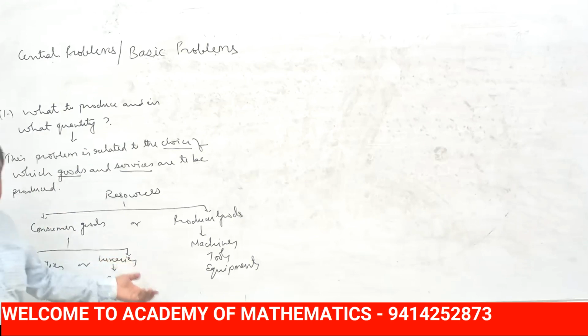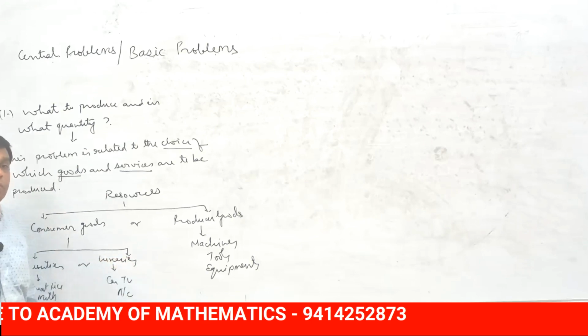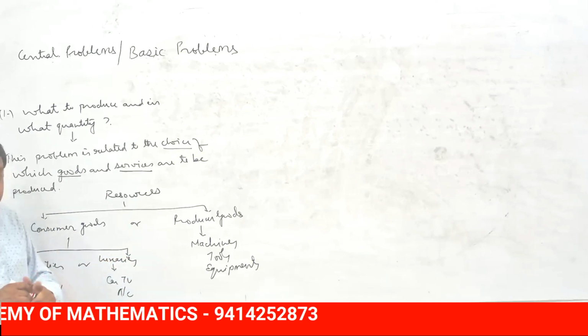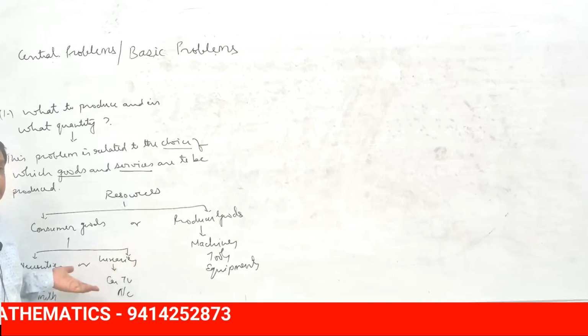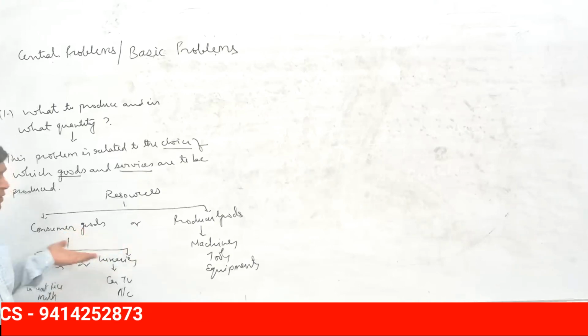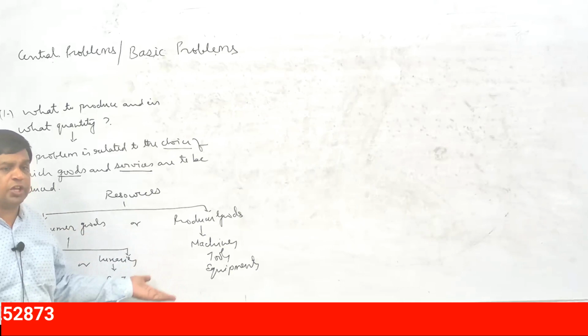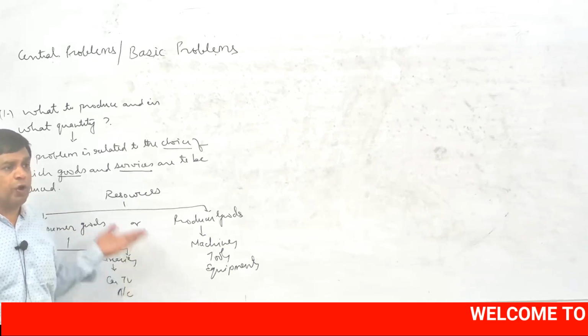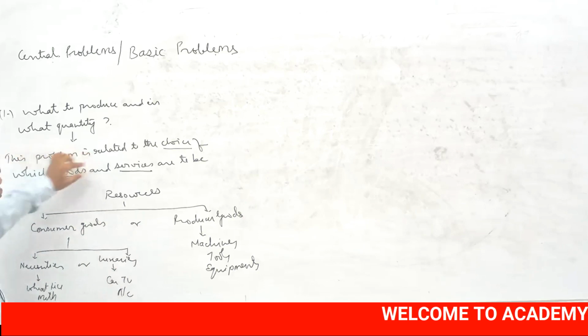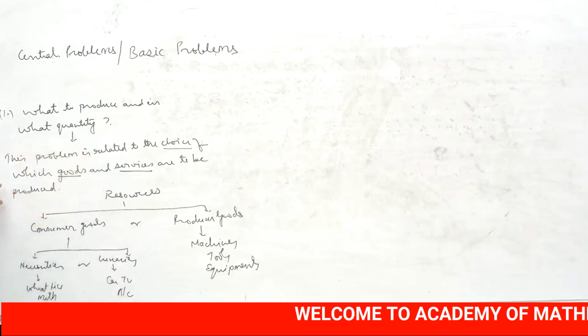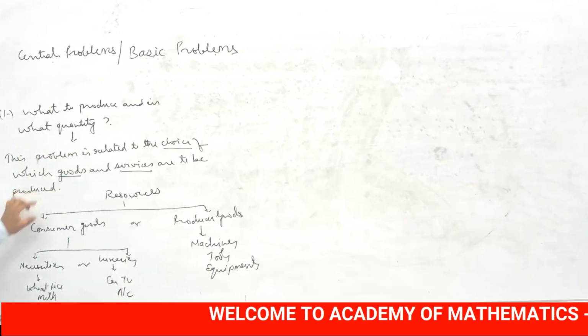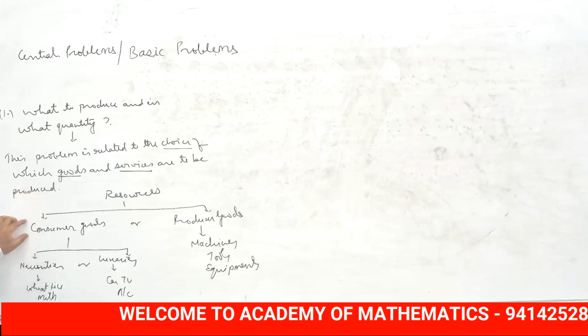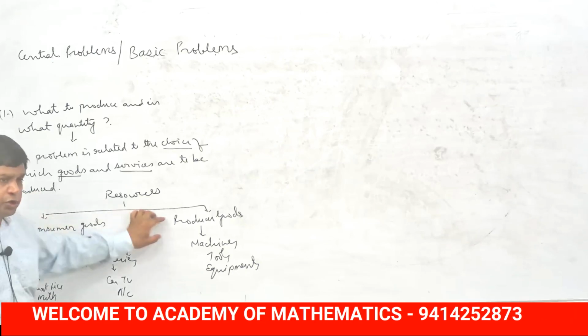If we can't produce the producer goods, machines, we have to import them. So this also depends on the ability of the economy. We can divert the resources into the production of machines, tools and equipment, but whether we have the ability, we have to discuss also. So what to produce is a problem related to the choice of which goods and services are to be produced, that is whether we have to produce consumer goods or producer goods.